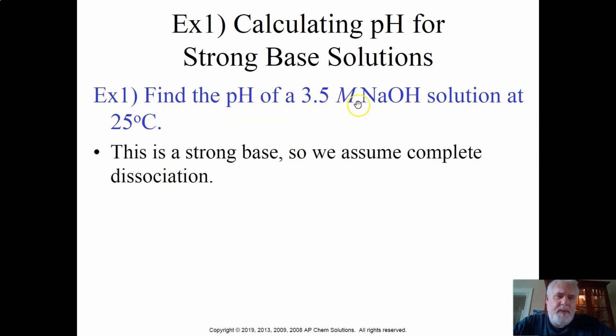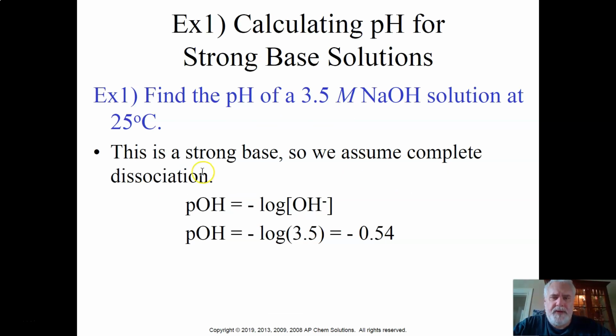The pH of a 3.5 molar sodium hydroxide solution is going to have complete dissociation. So that would give us pOH equals the negative log of the hydroxide ion concentration, which is negative log of 3.5. And then again, real strong base solution, so not surprisingly, it's a negative 0.54.